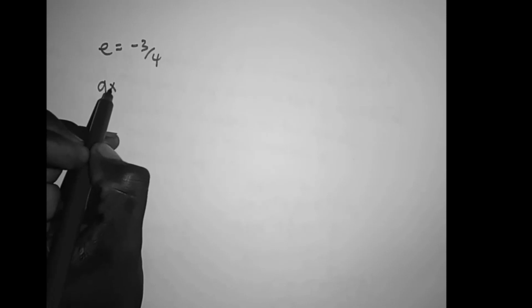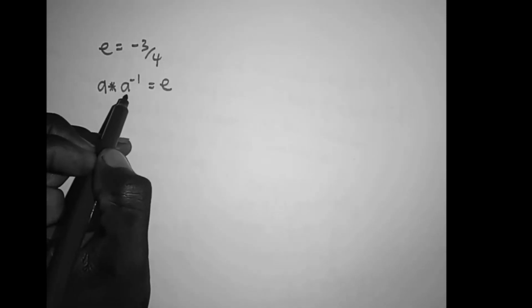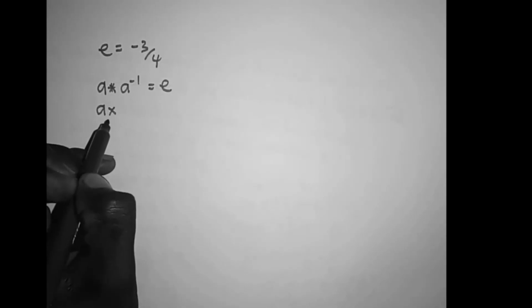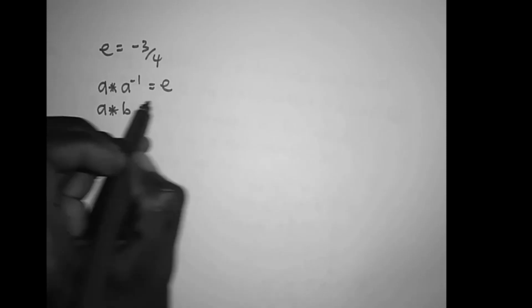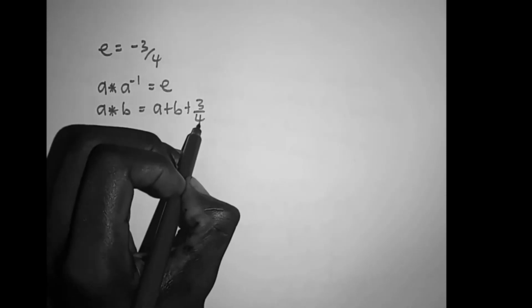But remember, for the second part of the question, they're asking us to find the inverse of the number x. So we know that A operation A inverse equals the identity element. And we know that the operation is A operation B equals A plus B plus 3 over 4.